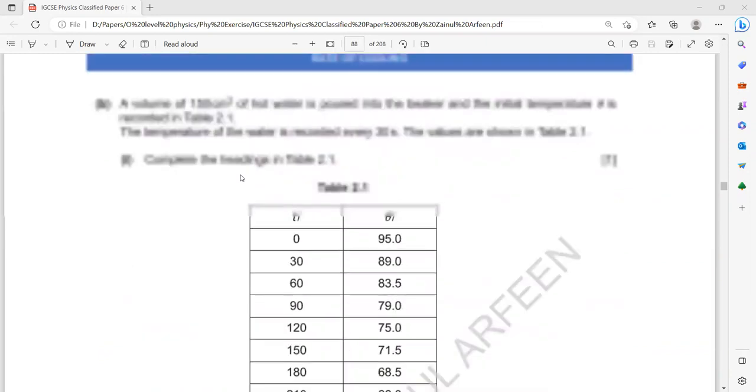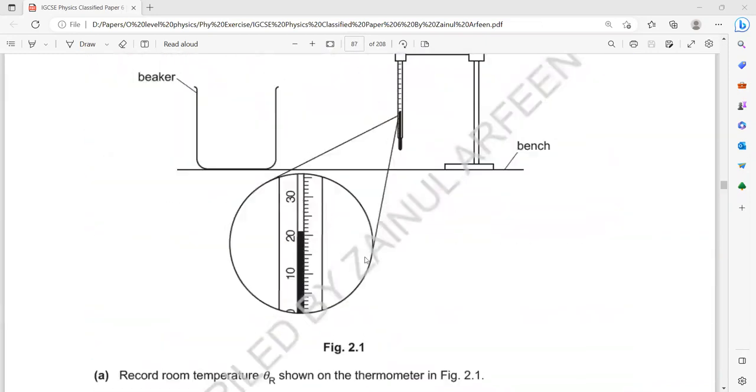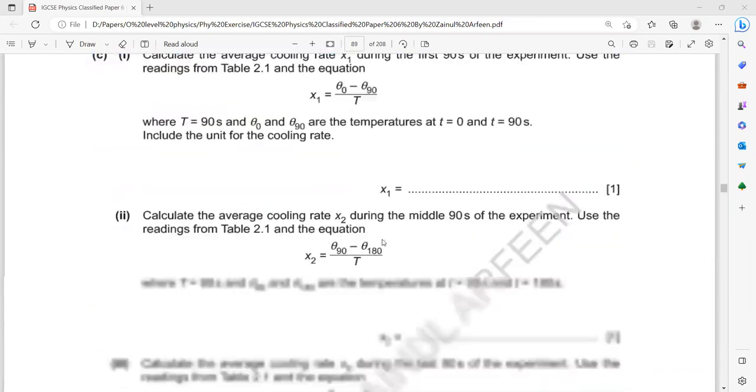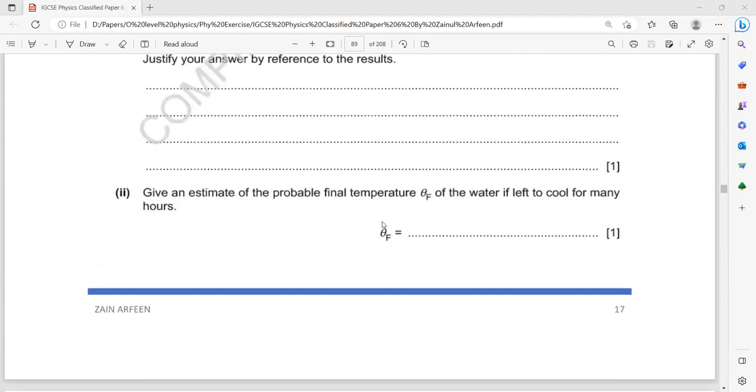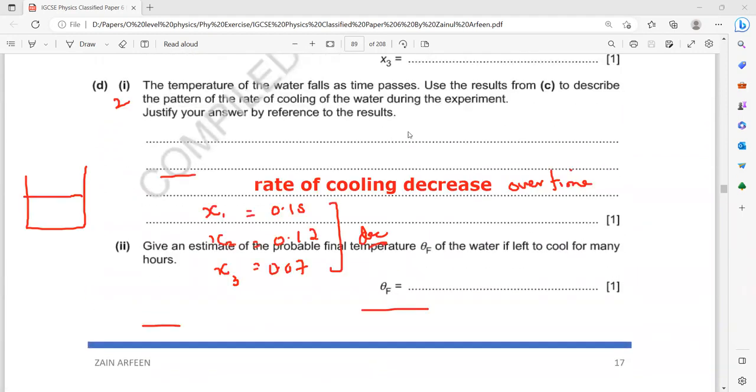So what was the surrounding temperature? The room temperature in the beginning of the experiment we did was 21. If the room temperature was 21 and we have hot water and leave it for many hours, it won't be hot; it will be the same as the room temperature. So it will be 21. Is it clear?